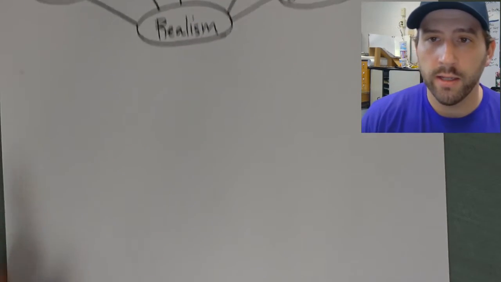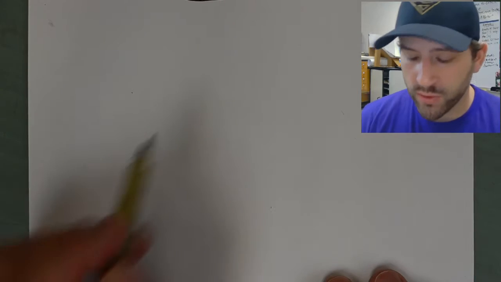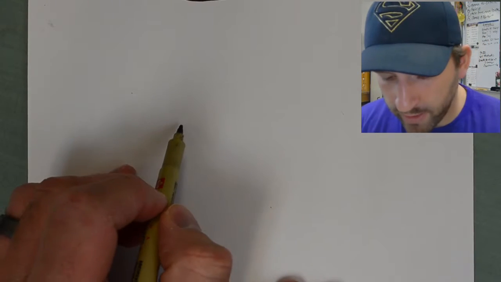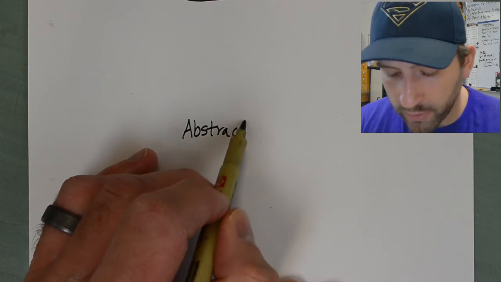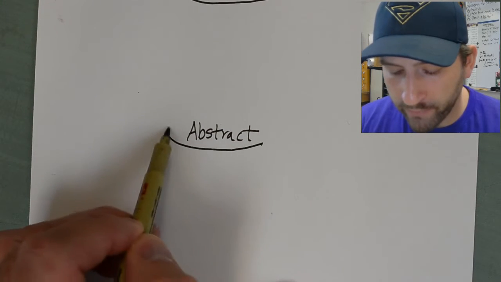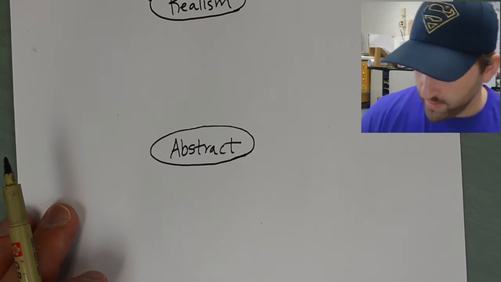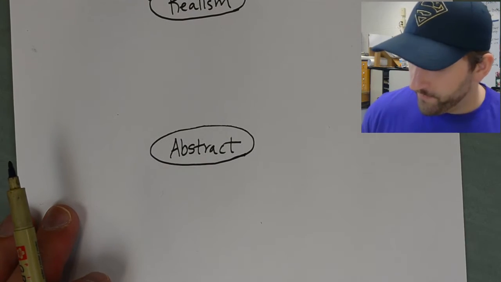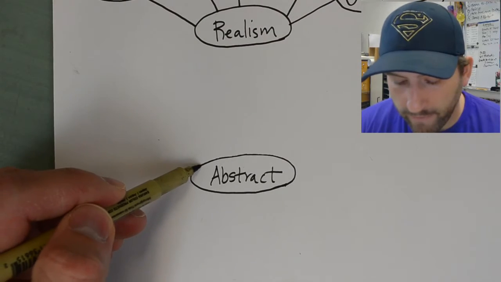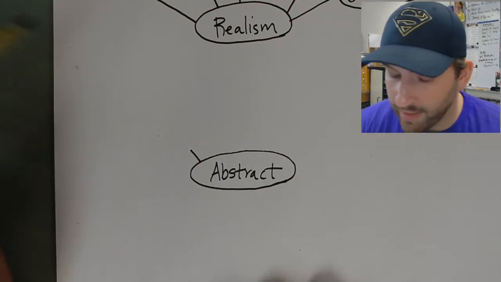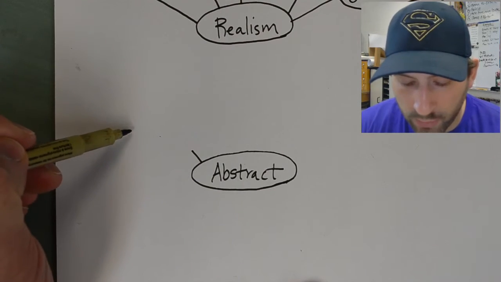So another one that was part of those questions and answers was the idea of things being abstract. So I'm going to create a different mind map now. And so when I think of things being abstract, I think of them being non-representational.